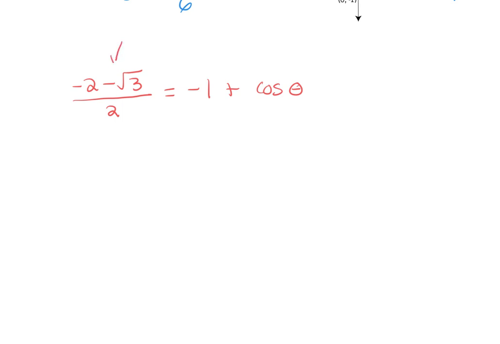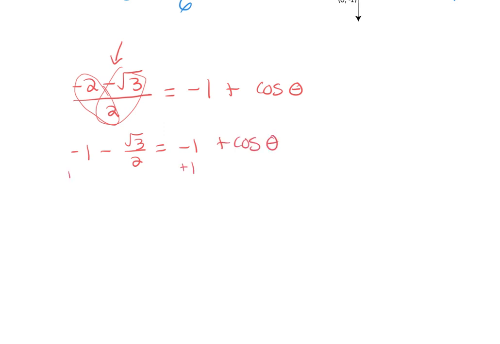What caught my eye first is on this left. Can we simplify that at all? We can divide both of these by 2. So -2 divided by 2 is -1. And then square root of 3 divided by 2, so minus square root of 3 over 2 equals -1 plus cosine of theta.